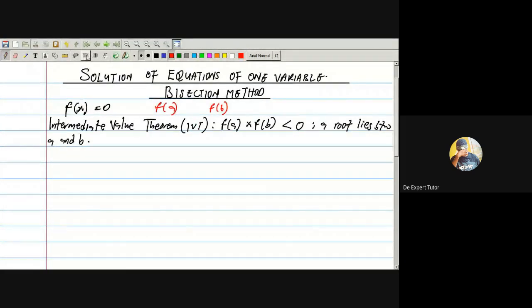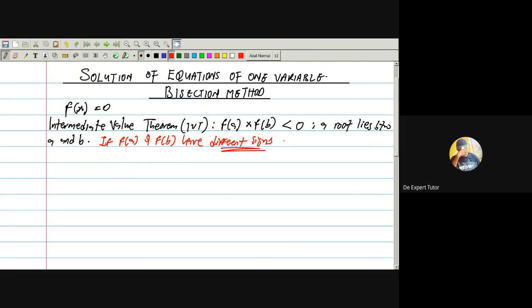If f of a and f of b have different signs, then a root will lie between a and b. That's what I'm saying. Do you get that? Good.